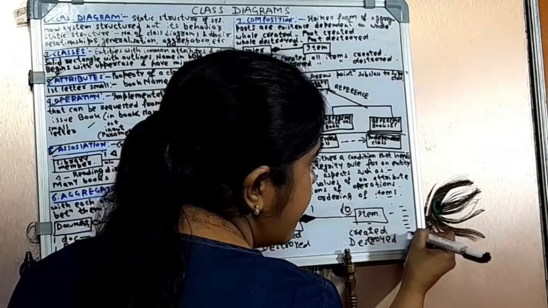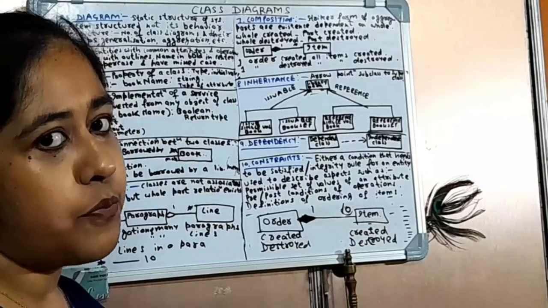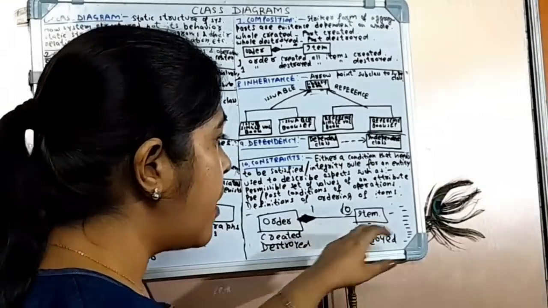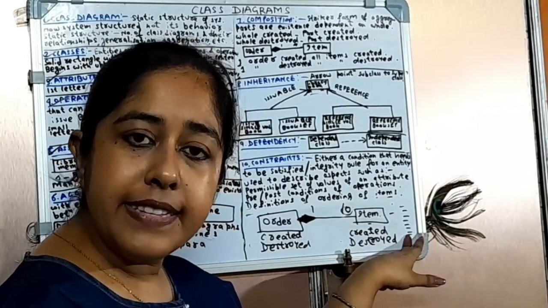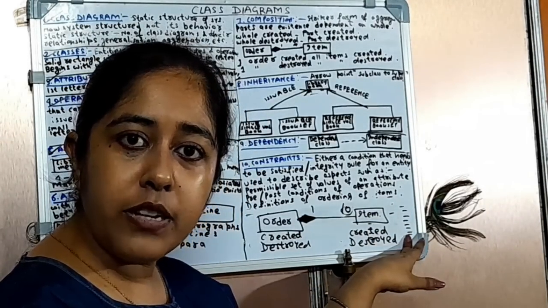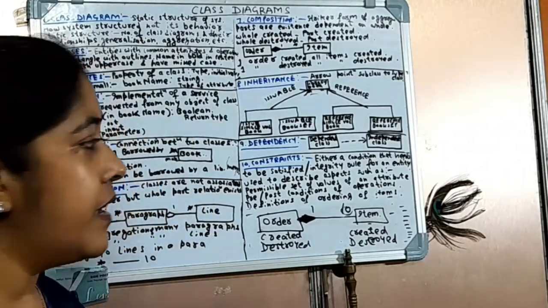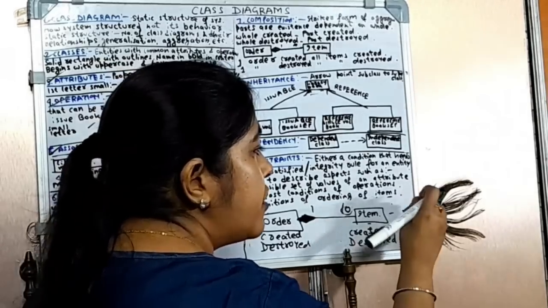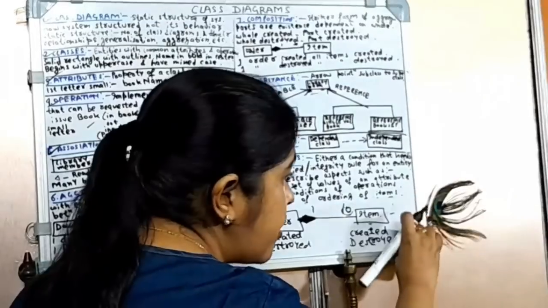10 items are there. Now, if I want to cancel from these 10 items, it is not possible. If you are creating the order, naturally these things will also be created. Then these items are also ordered. But if I want to destroy something from there, I cannot just destroy one particular item from my order. I have to destroy the whole order.